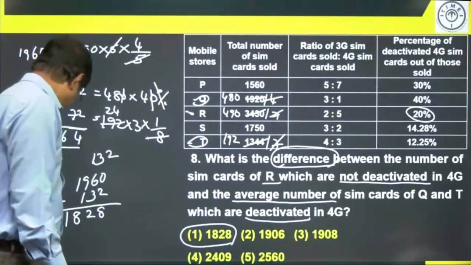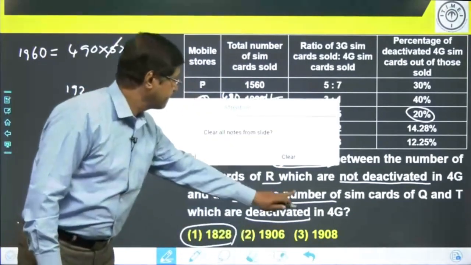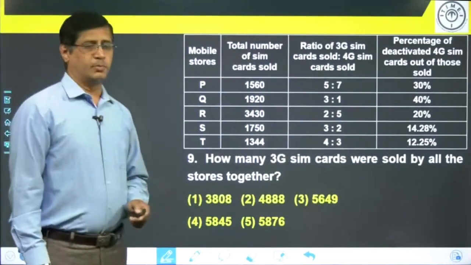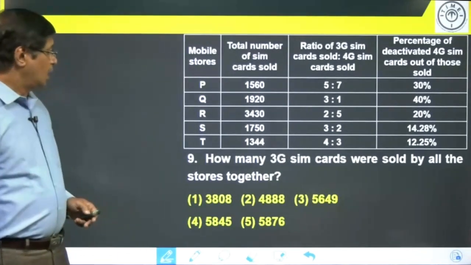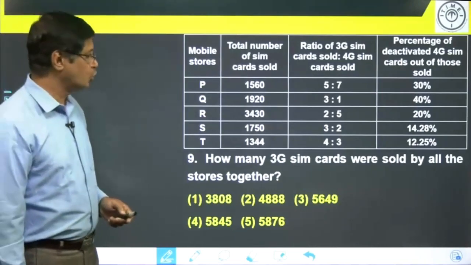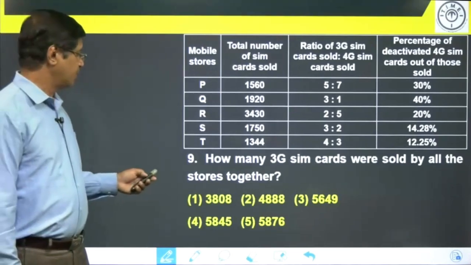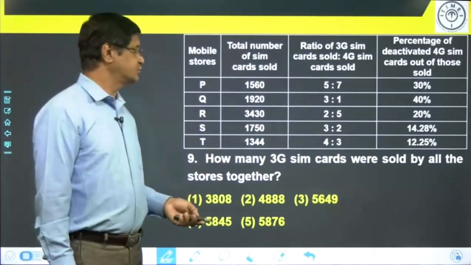Now look at the next example. Question number 9. How many 3G SIM cards were sold by all the stores together? So what is the total number of SIM cards sold by all the stores?